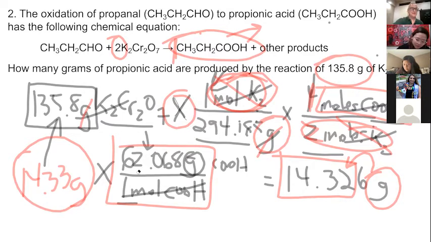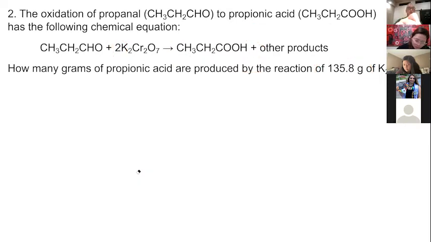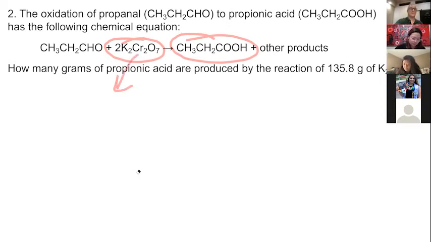All right. So first, we get a question like this when we're given a mass of something and we're asked to predict or calculate the mass of something else. It means there's three things we need to do. We need to convert the mass of this to moles.